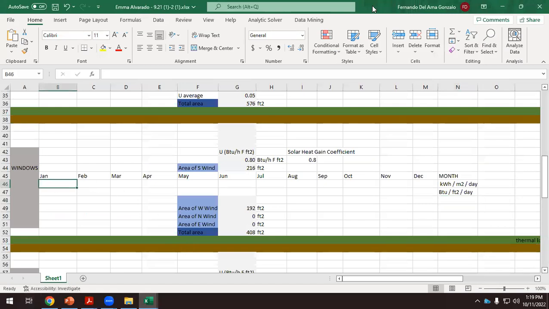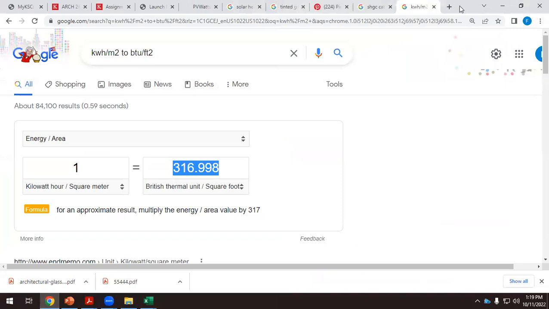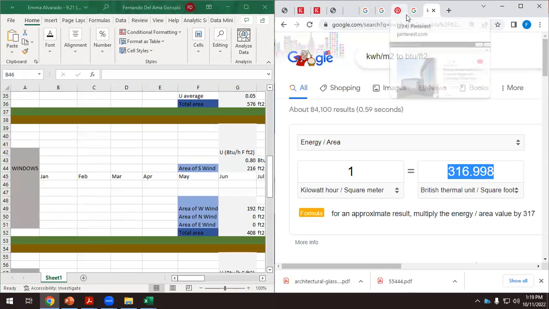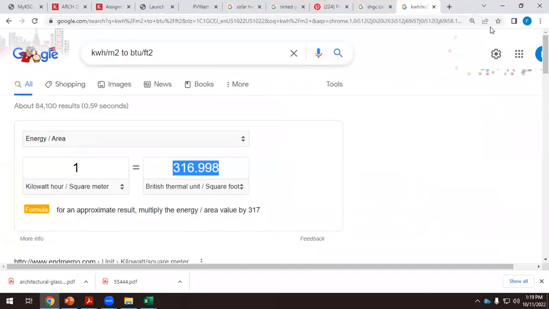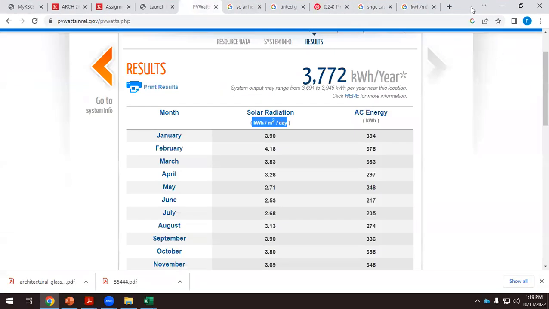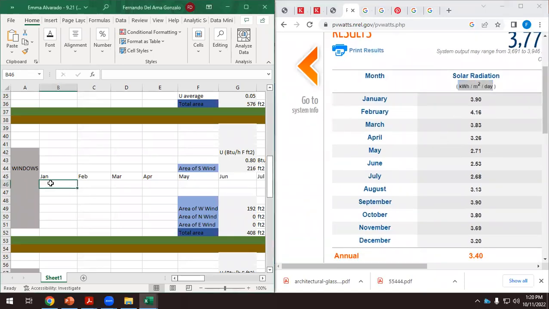First, I have to type here the values that I get from PV watts. Where's PV watts? Okay, I have to type these values here.